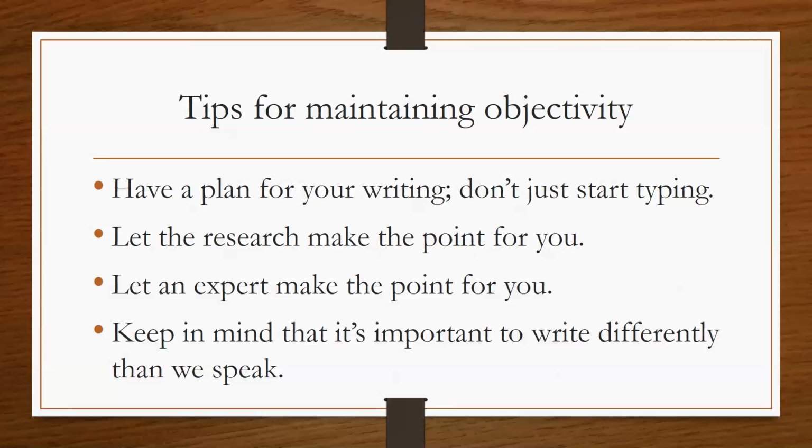What you might find is that if this is your first rodeo with academic tone, if this is the first research paper that you've ever written or the first one that you've written in a long, long time, you might try to write it as you would say it, as though you're speaking, but then you will have to go back and really comb through it to shift the tone that you're using for speech and make it less conversational, less informal, and you'll have to cinch it in to make it more objective.